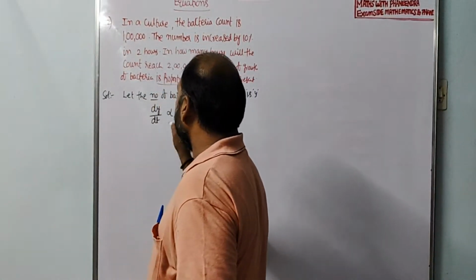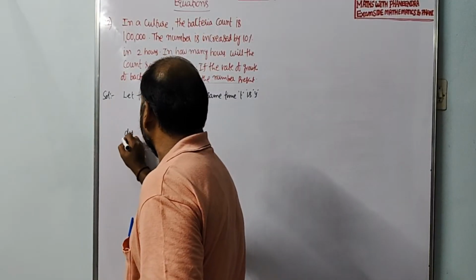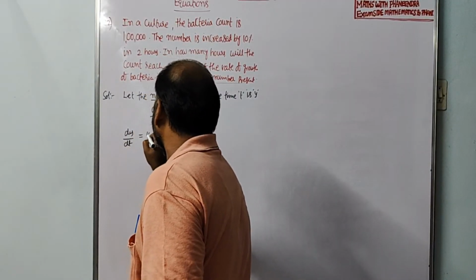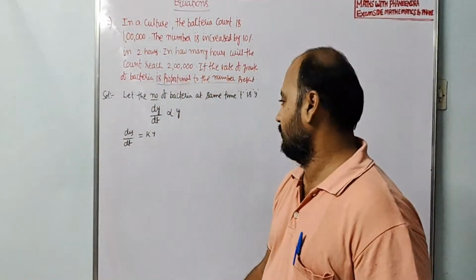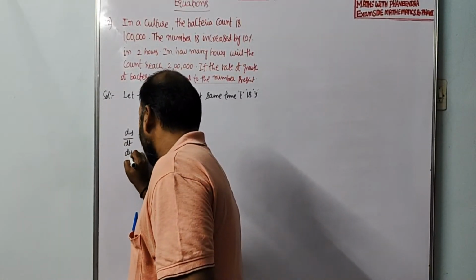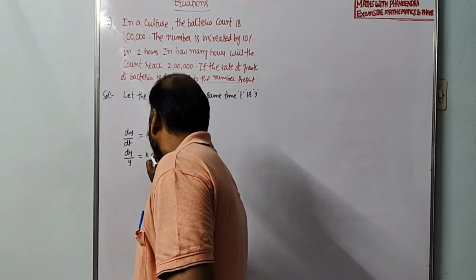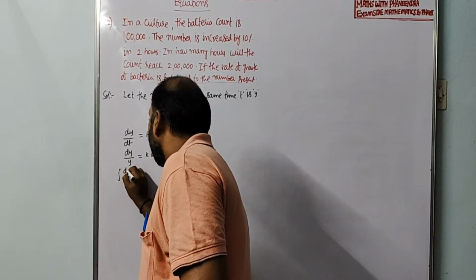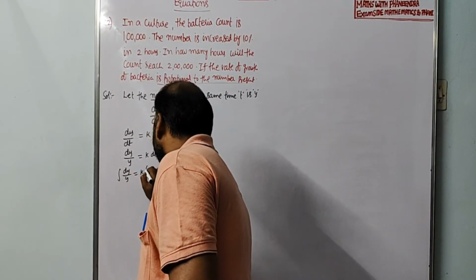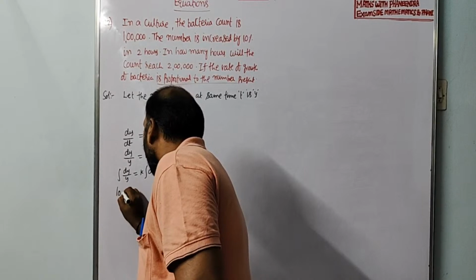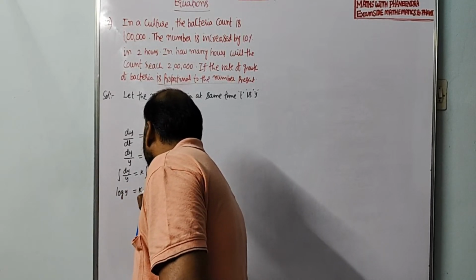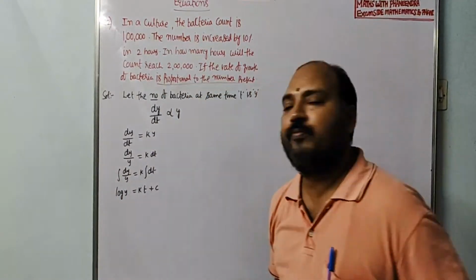So if you remove the proportional symbol, dy by dt is equal to ky. So dy by y is equal to k dt. Taking integration on both sides, log y is equal to k into t plus c.